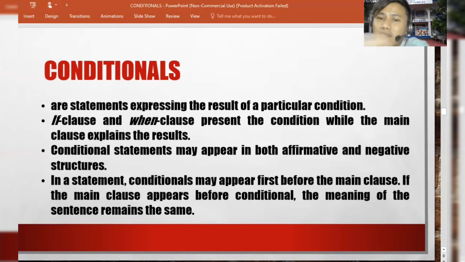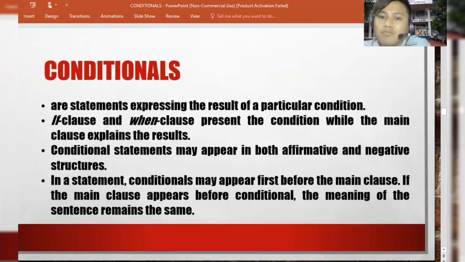Let's get back to the first bullet. It says there that it expresses the result of a particular condition. So in conditionals, there are two elements that we will be encountering. It is usually separated by a comma.